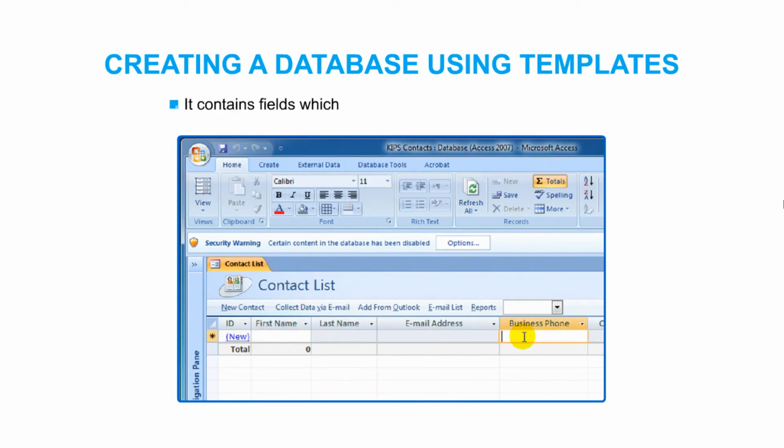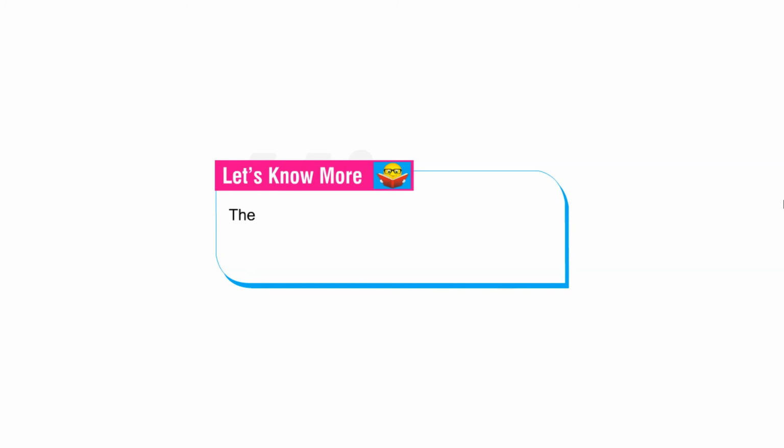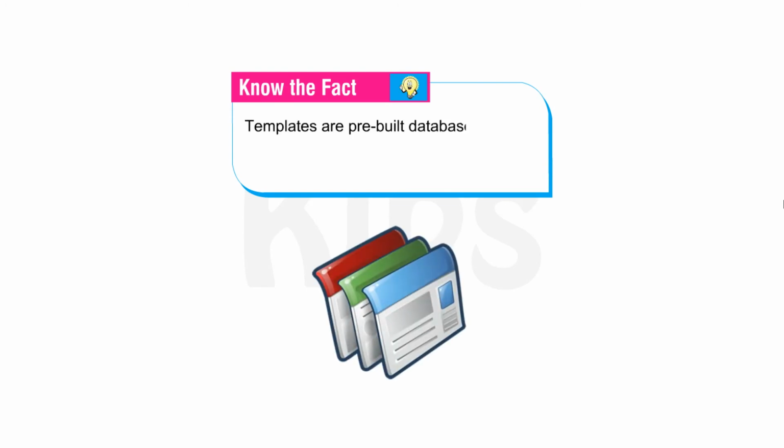It contains fields which are relevant to the contacts database. Let us know more. The overall design structure of the database is called database schema, which describes the records and relationship among them. Time for fact file. Templates are pre-built database focused on a specific task that you can download and use immediately.